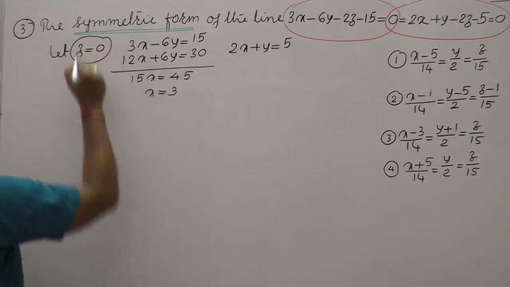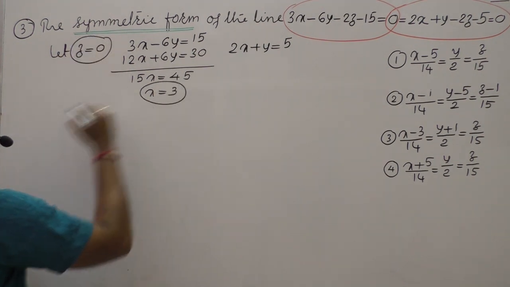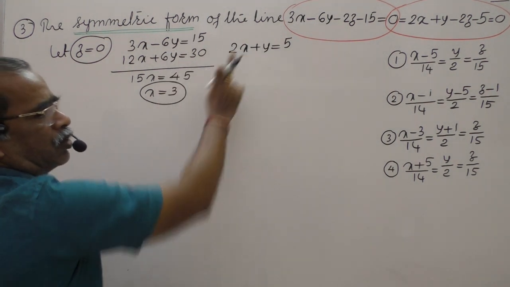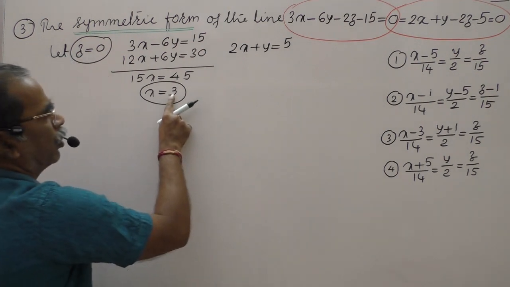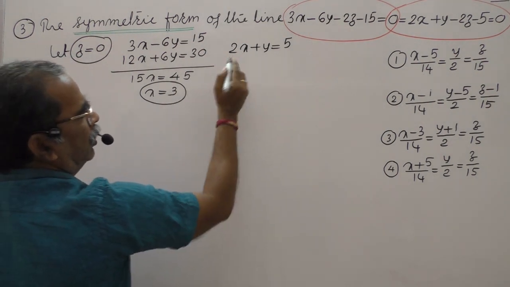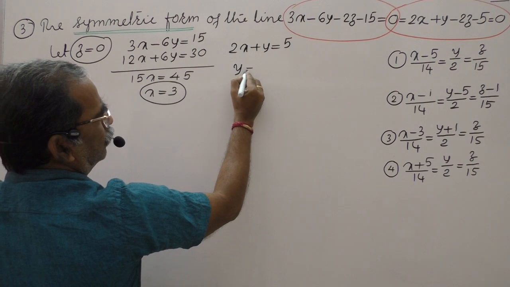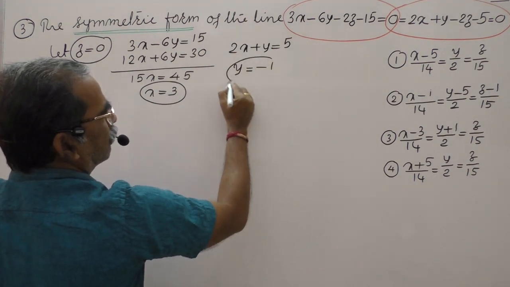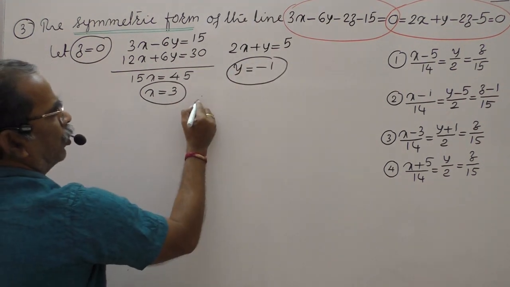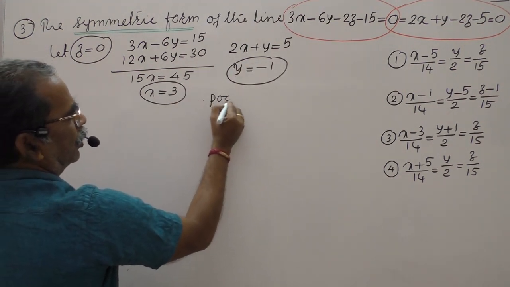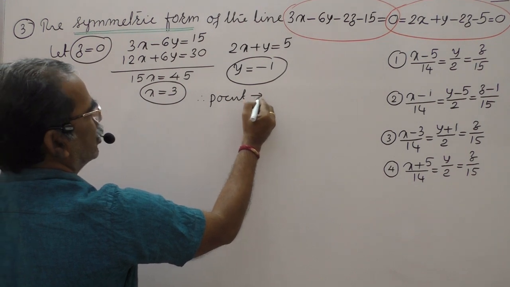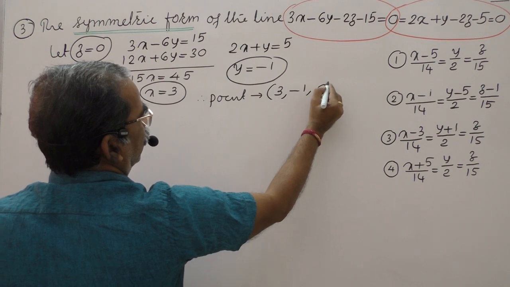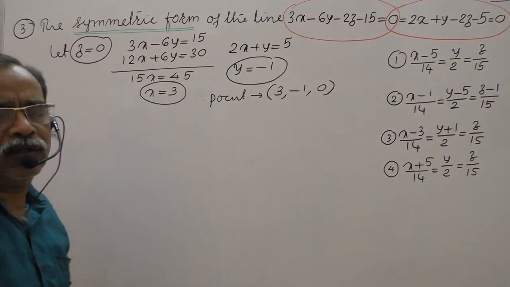By taking z is equal to 0, I obtained the x value 3. Put the x value in this or this, you will get the y value. If you put x equal to 3 here, this will be 6, no? If you write on the right side, it becomes minus 1. So therefore the point has come. The point on the line is x value 3, y coordinate minus 1, z coordinate 0.